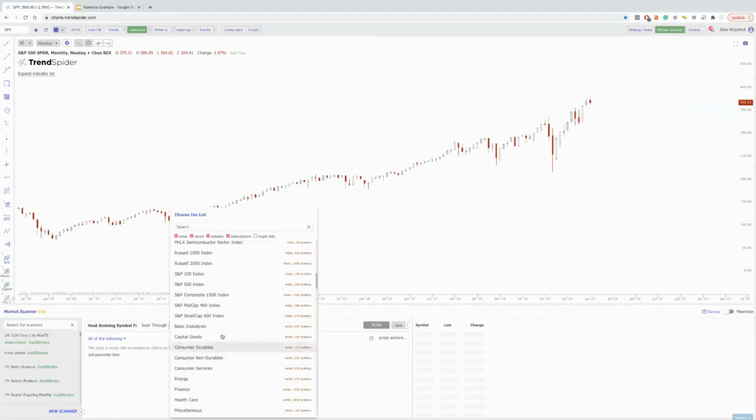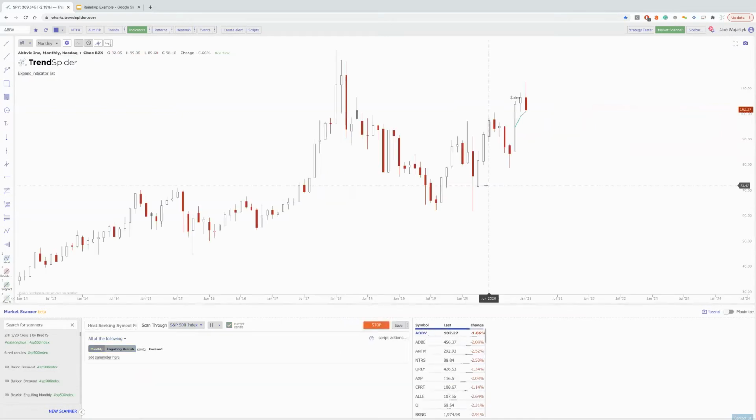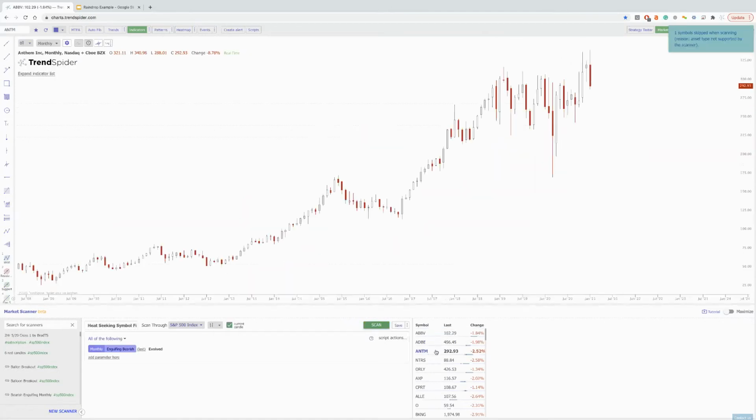I could go in and say, what does the S&P 500 look like for potentially monthly bearish engulfing candles? And you'd go in, engulfing bearish. So any candle that's currently showing a bearish engulfing candle is showing up right here on the scan, and I can click on these and see these different types of setups.